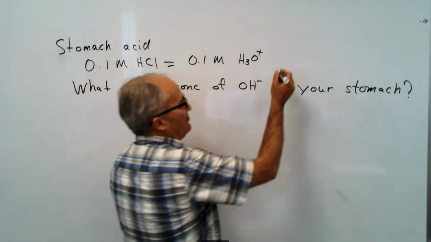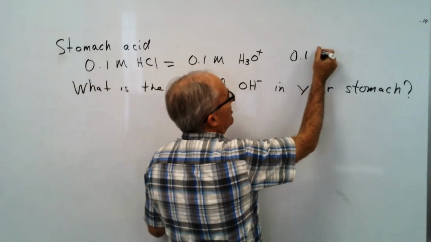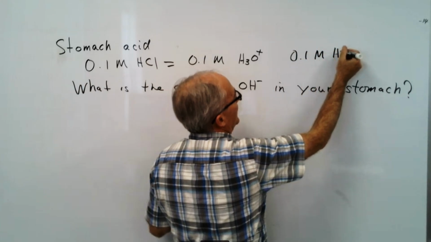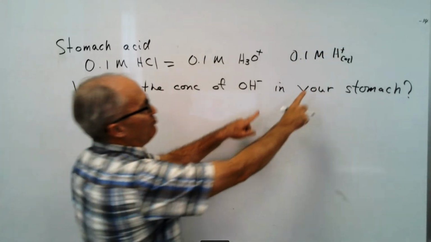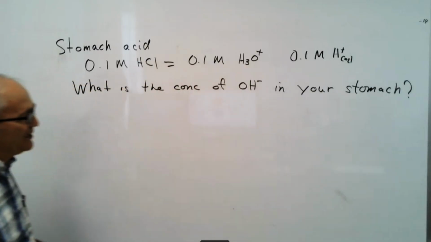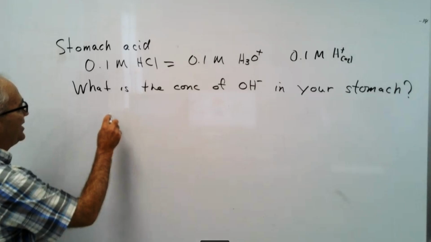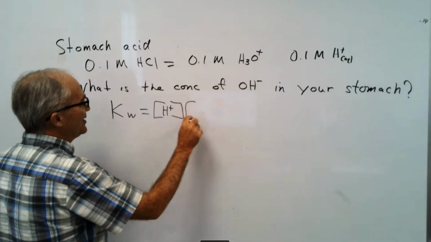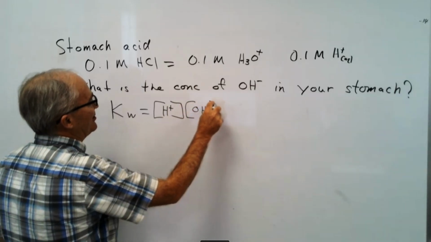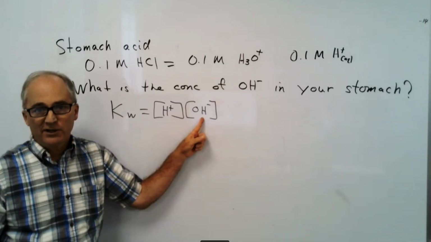Or we could say 0.1 molar protons. We use protons and hydronium interchangeably. So we're going to use Kw. And I'm going to be lazy and get rid of writing hydronium or aqueous symbols. We're after hydroxide.